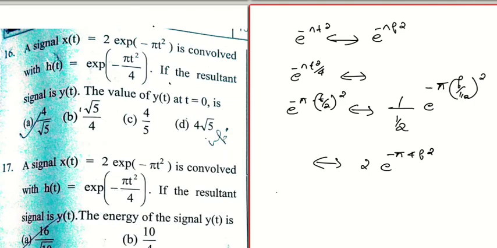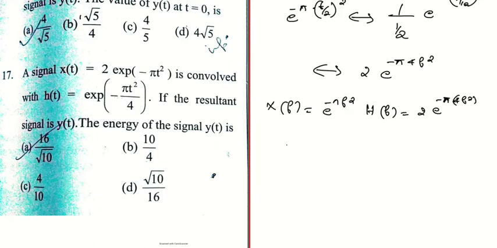So that is it. Our x of f equal to e raised to minus pi f square and h of f equal to 2 into e raised to minus pi into 4 f square. Okay, and now we can go to y of f. Y of t equal to x of t convolution h of t.